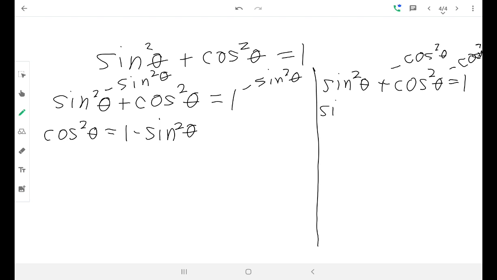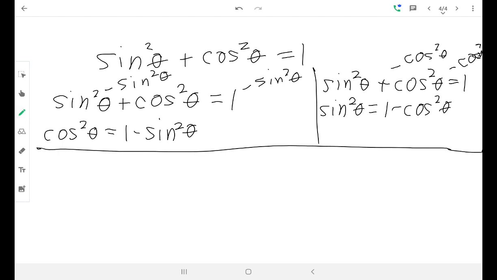Then you get that sine squared theta equals 1 minus cosine squared theta. And so then you can make the substitutions either for sine squared theta becoming 1 minus cosine squared theta, or the other way around, 1 minus cosine squared theta becoming sine squared theta. So that makes this a pretty useful thing here.